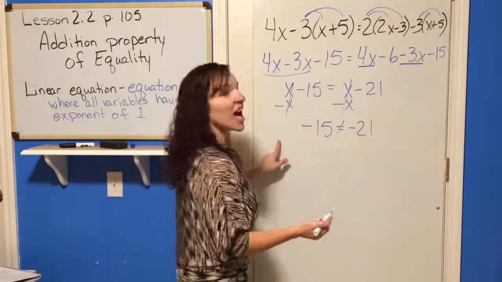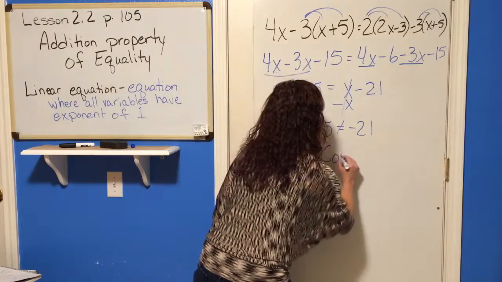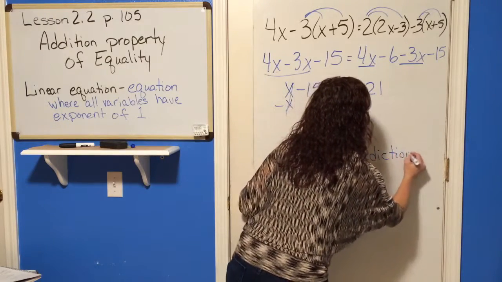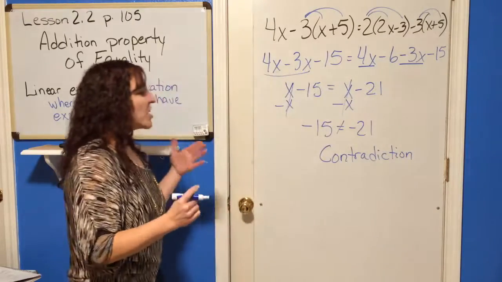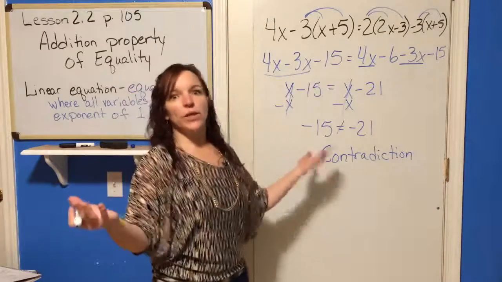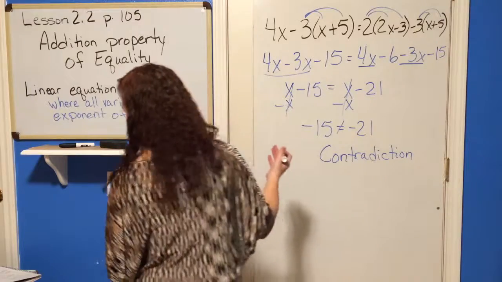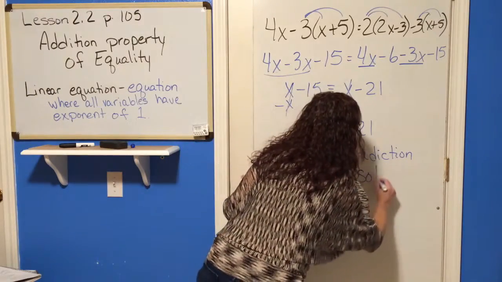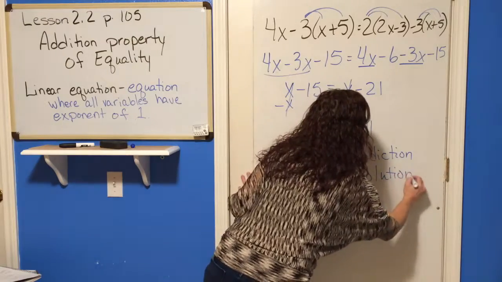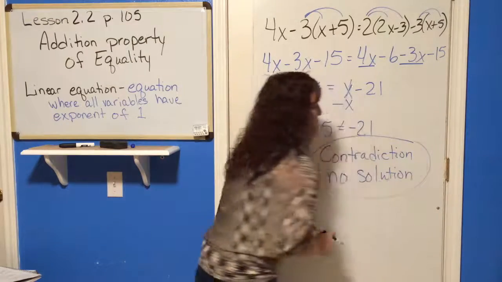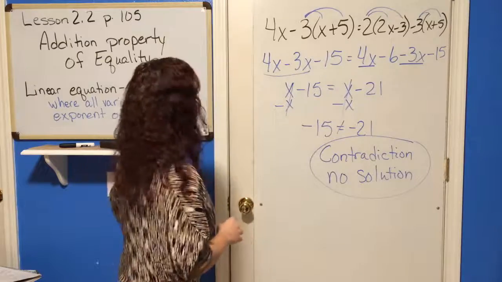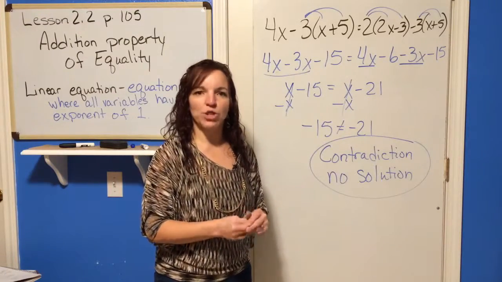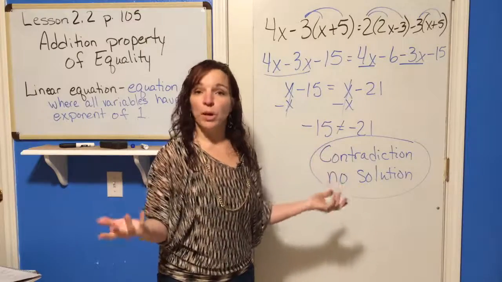So this is a contradiction. And a contradiction has no real number solution. So there is no solution. There is no real number that's going to make that a true statement. So your answer on that would just be no solution, no real numbers.